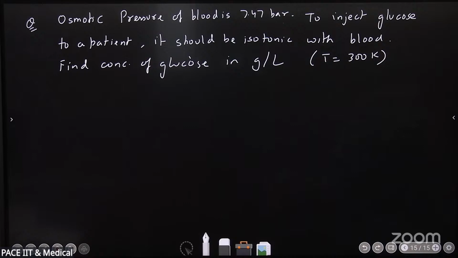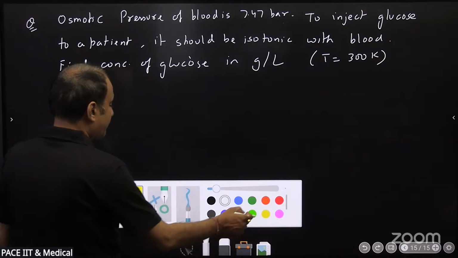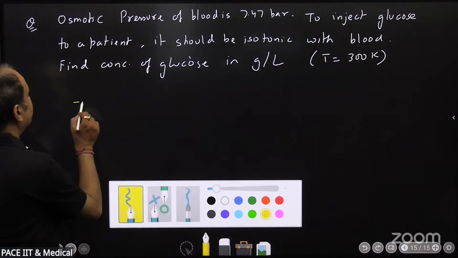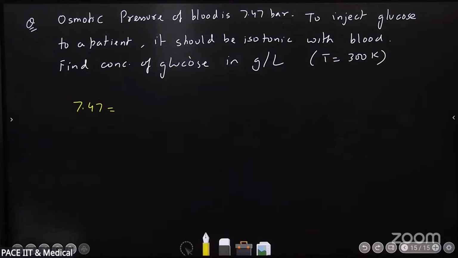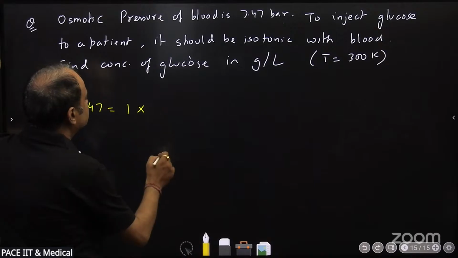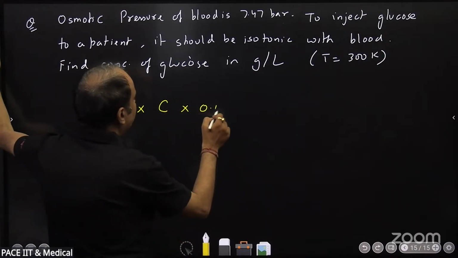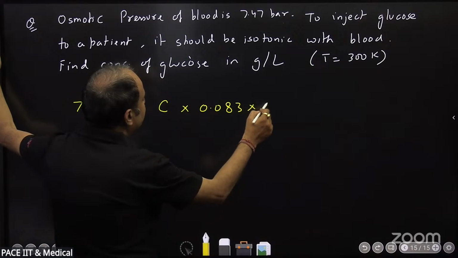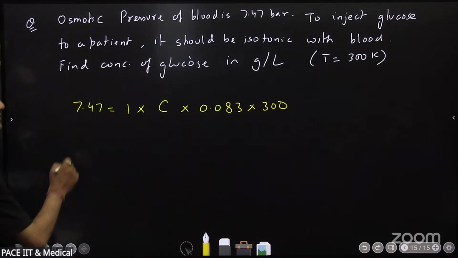So the osmotic pressure of this glucose solution also we need as 7.47. So what will be our equation? 7.47 is equal to, for glucose Van't Hoff factor will remain 1, molarity we need to find, R in bar we can take 0.083, and temperature is 300.